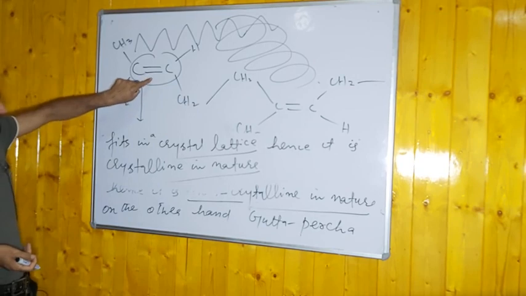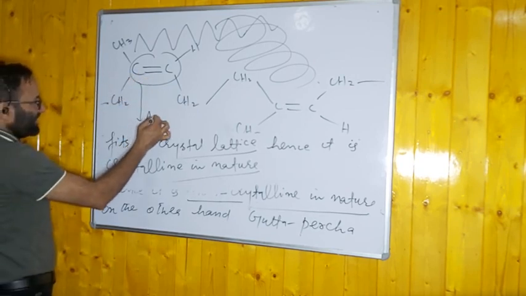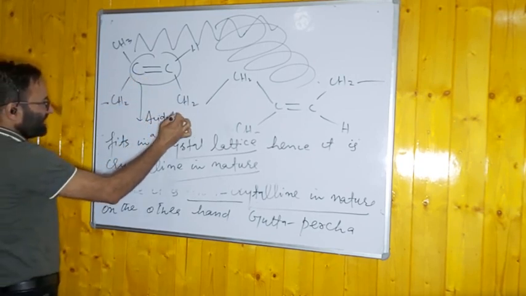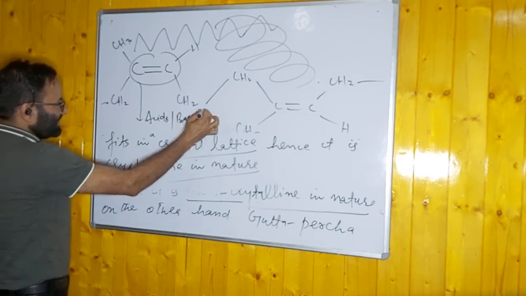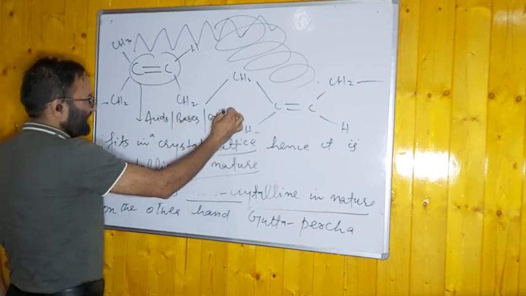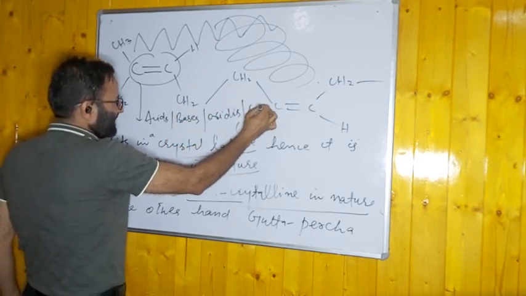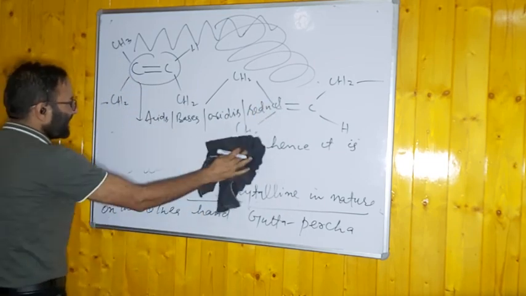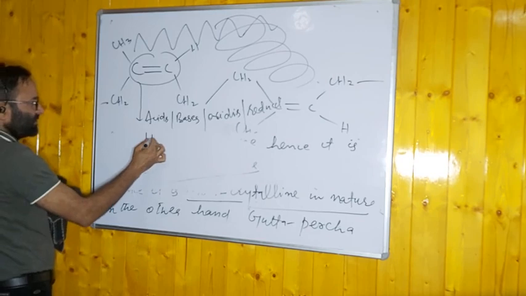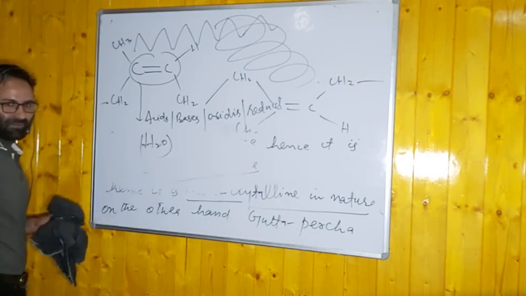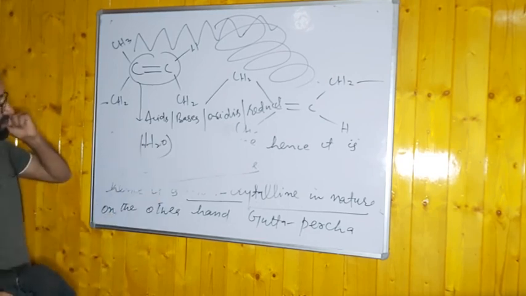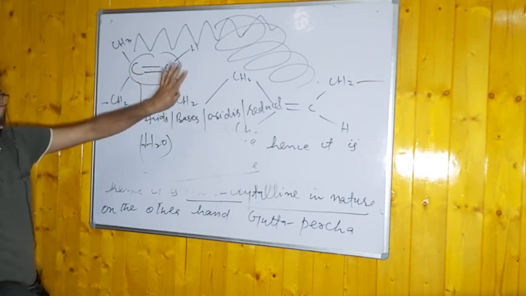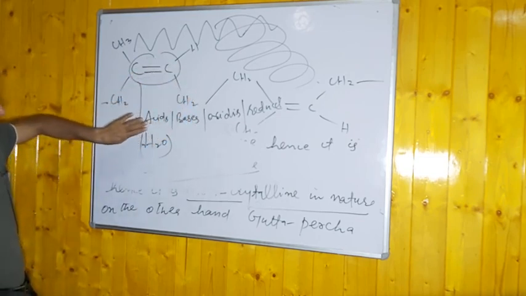Because of the double bond, it is readily attacked by acids, bases, oxidizing agents, and reducing agents. Because of the double bond, it also has a great tendency to absorb water. Remember this point.